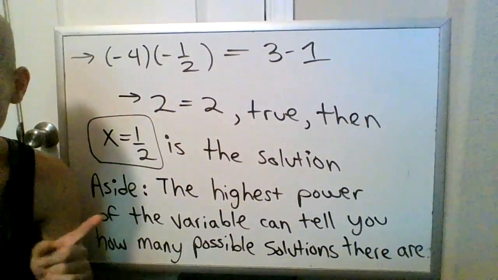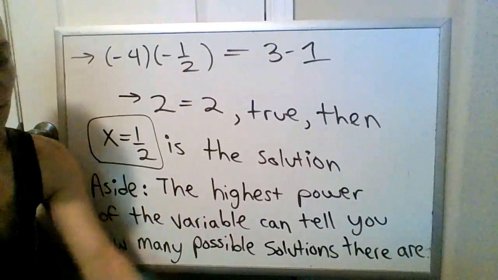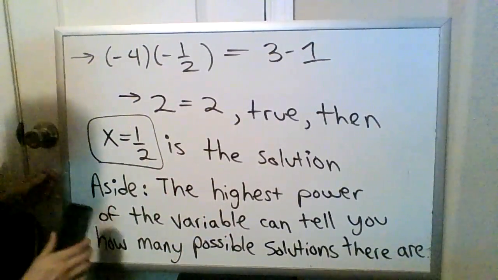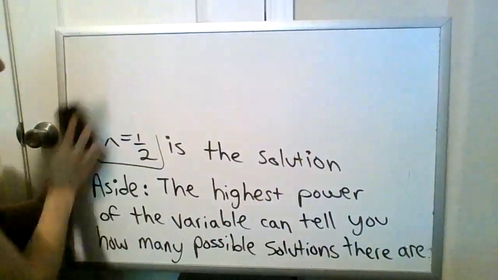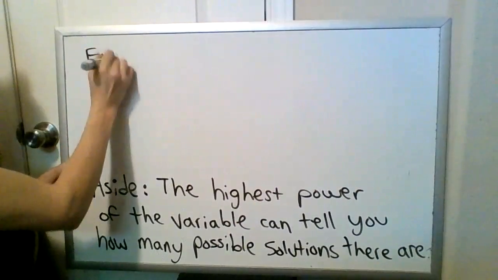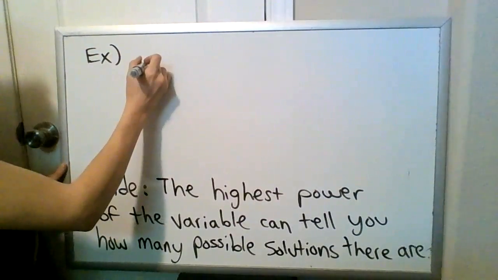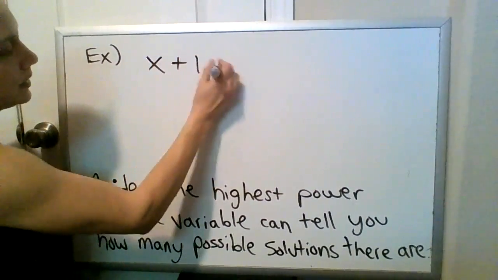Okay, so the one we just did, the highest power on x was 1. So there was one solution. Or we'll have a new example. Let's do x plus 1 equals 7.